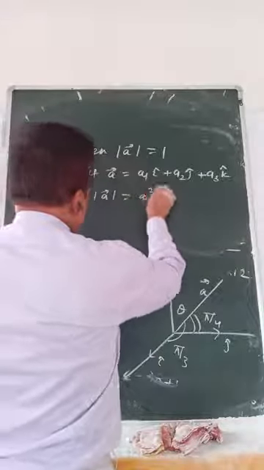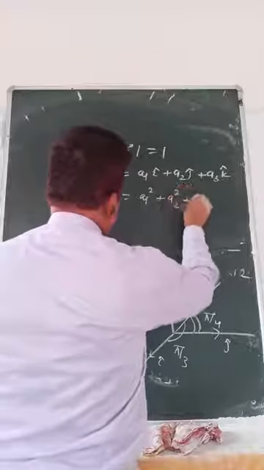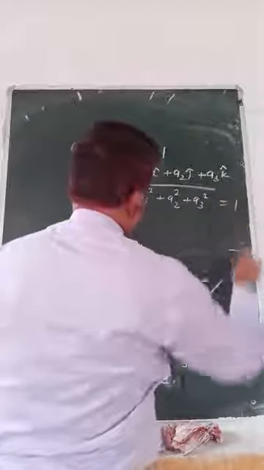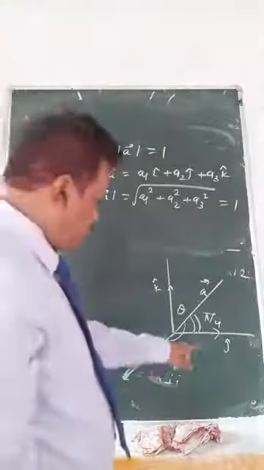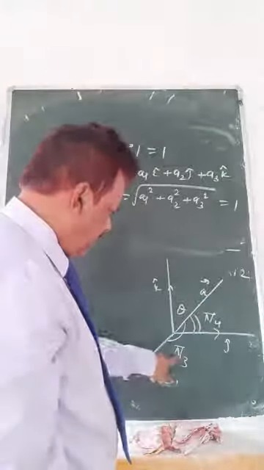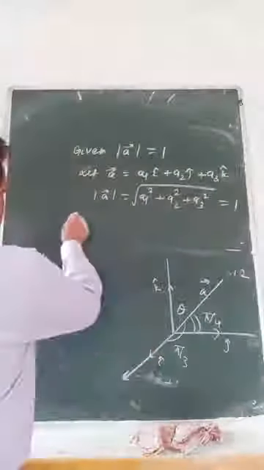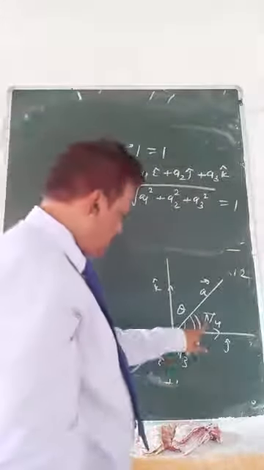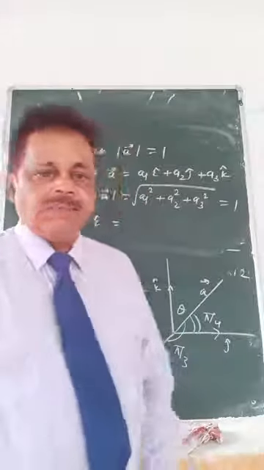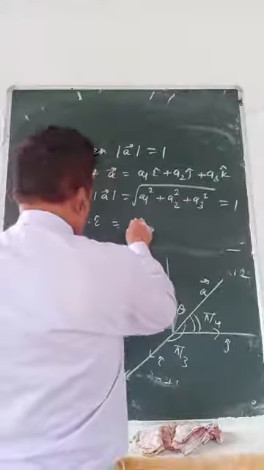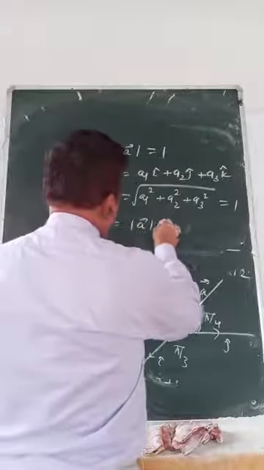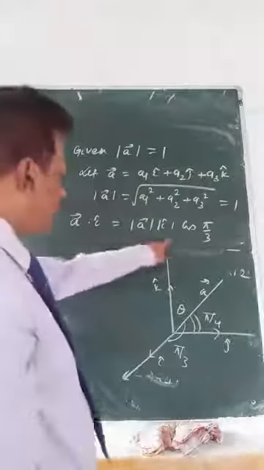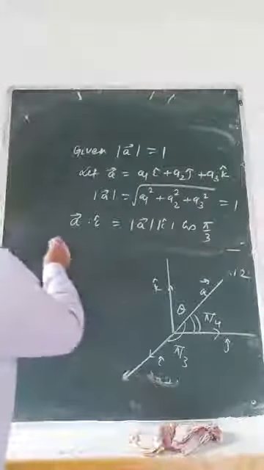Square root of A1 square plus A2 square plus A3 square, which is equal to 1. So this A is making pi by 3 with I. Then what is A dot I? Because this is making the angle pi by 3 with I, A dot I means mod A mod I cos pi by 3. That is the dot product formula.